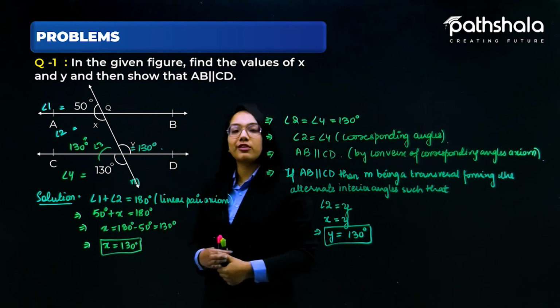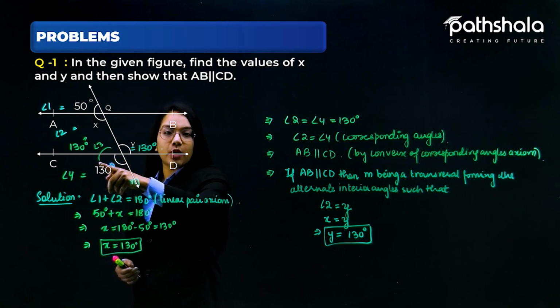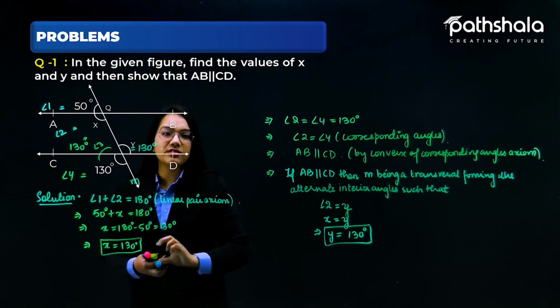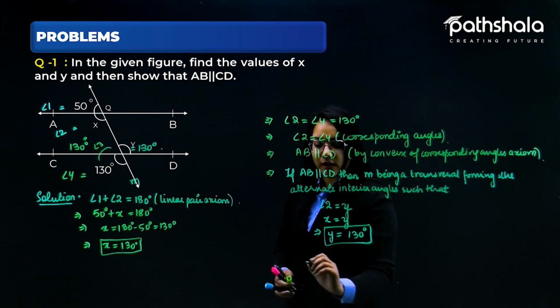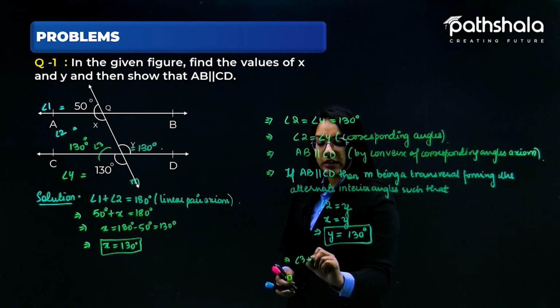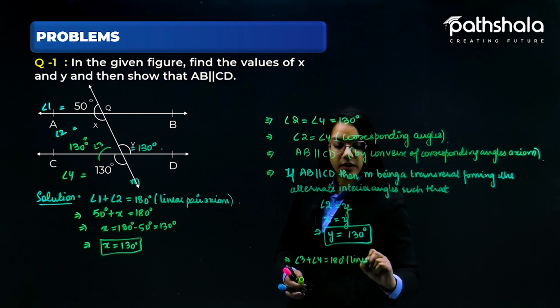You can also find the value of this particular angle, angle 3, and it comes out to be 50 degrees. You can see it all by yourself as well. Angle 3 plus angle 4 should be equal to 180 degrees by the linear pair axiom.